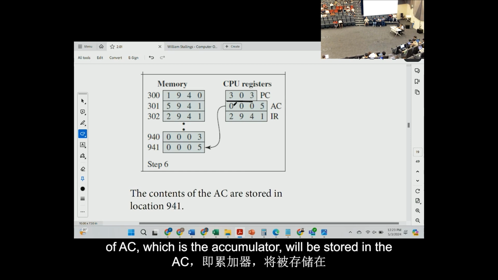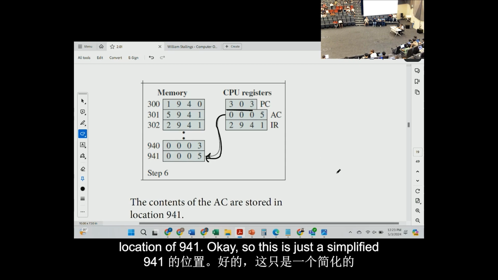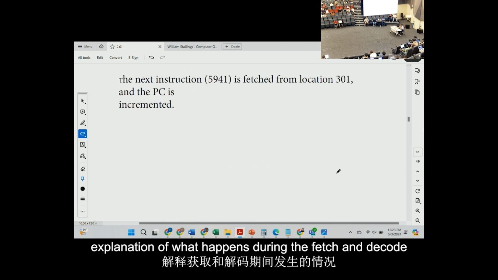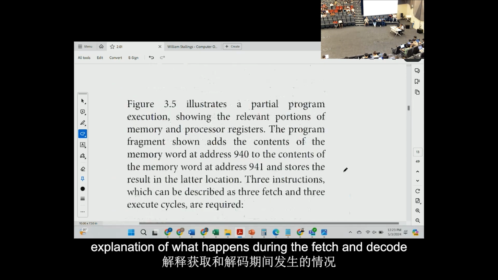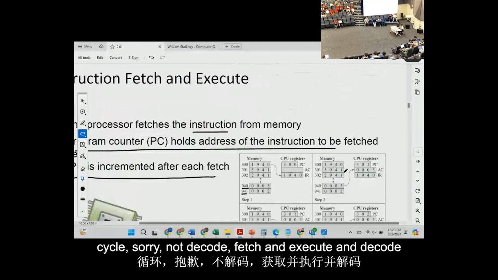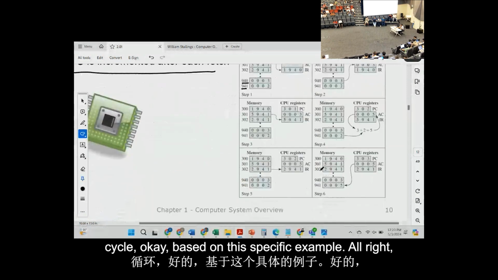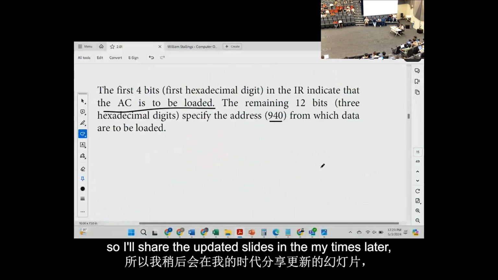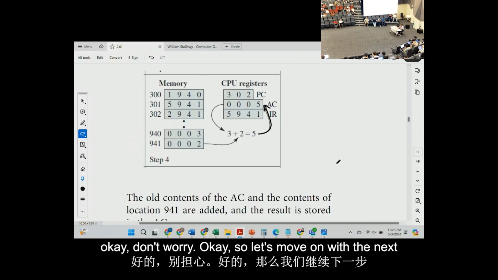So now the content of the AC, which is the accumulator, will be stored in the location of 941. Okay, so this is just a simplified explanation of what happens during the fetch and execute cycle, based on this specific example. All right, so I'll share the updated slides later. Okay, don't worry.